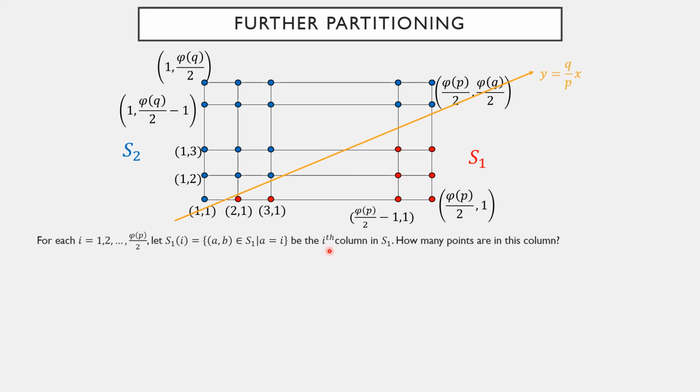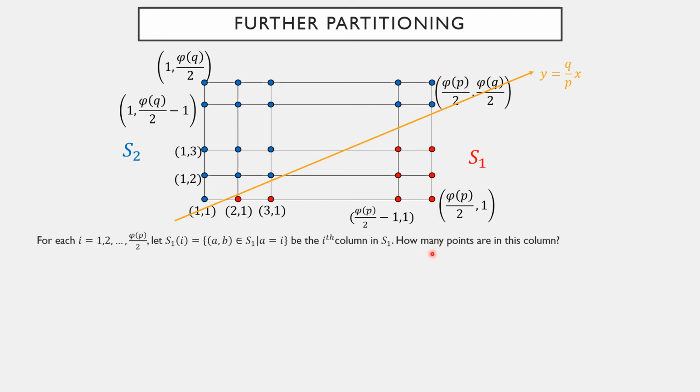Since the x-coordinate is fixed at I, this just means I'm looking at a column. So S sub 1 of 1 is just the red column where x equals 1. S sub 1 of 2 would be the points in the red set that are in this column. S sub 1 of 3 would be the red points in this column, and so forth, all the way until S sub 1 of phi of p over 2 would be all the red points in this column.